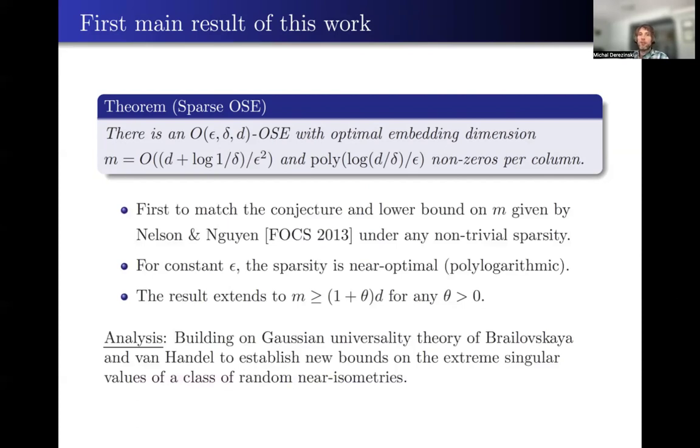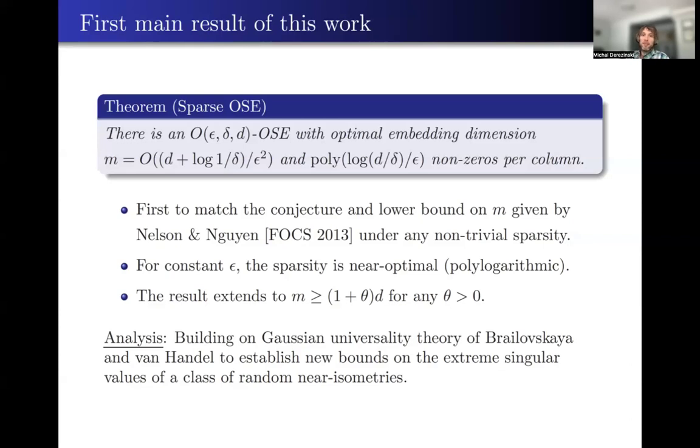Well, it's the first one to match the conjecture and lower bound on the embedding dimension that I mentioned earlier, under any non-trivial sparsity. In fact, the sparsity we get here is pretty good for the most useful case of oblivious subspace embedding, which is when we want a constant distortion epsilon. So for constant epsilon, the sparsity here is polylogarithmic in d, so it's essentially nearly optimal.